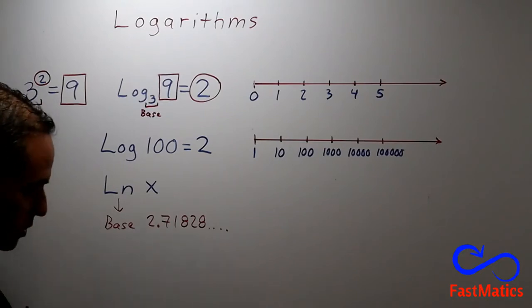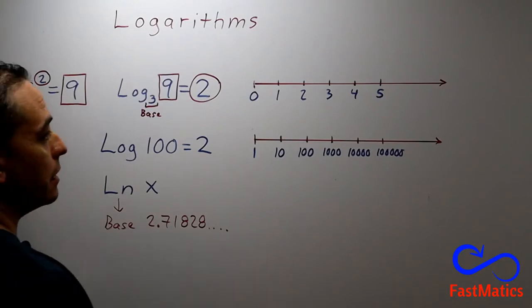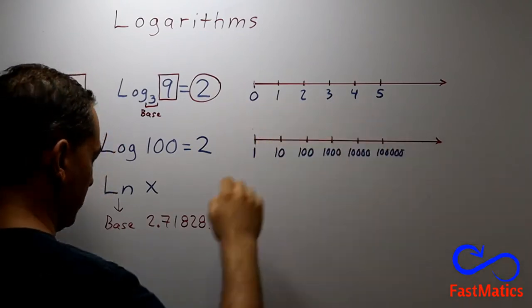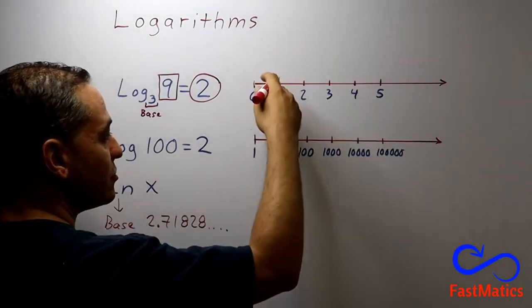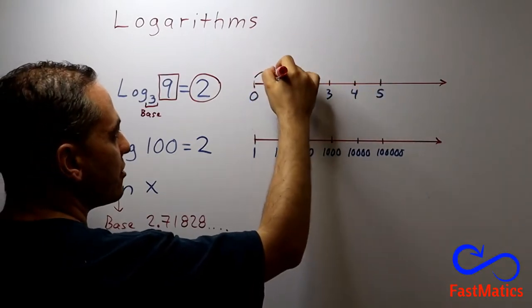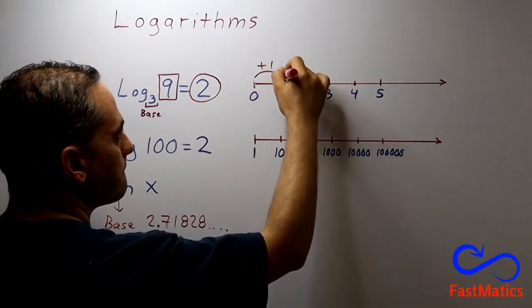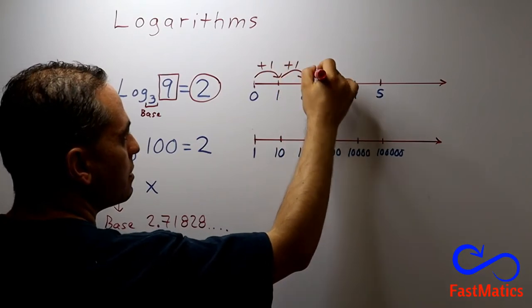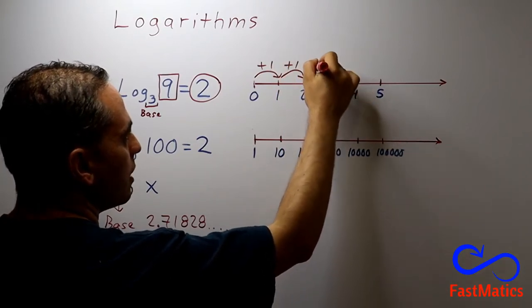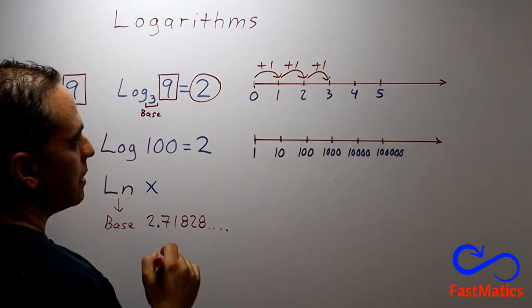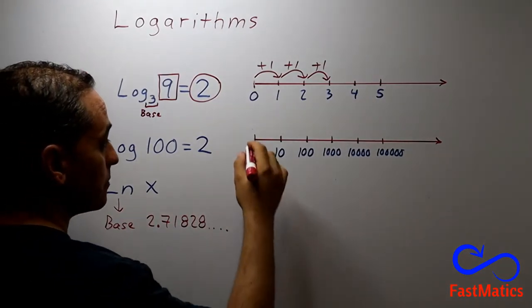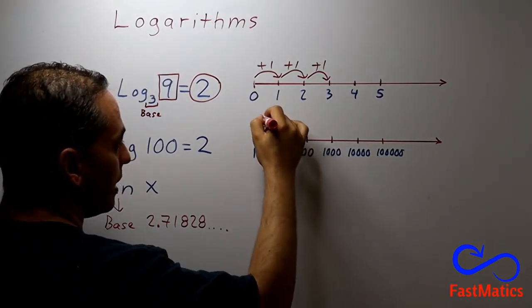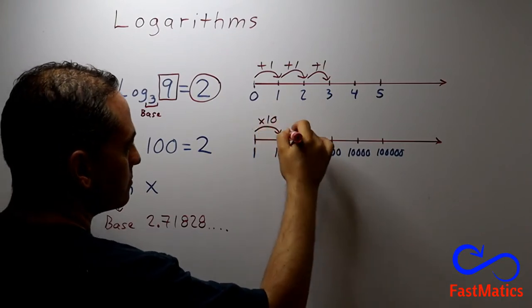Finally, I want to say that in a normal scale, we have numbers, and to get the next number, you normally add 1. You add the 1, you add the 1, etc. But in a logarithmic scale, you multiply by something.